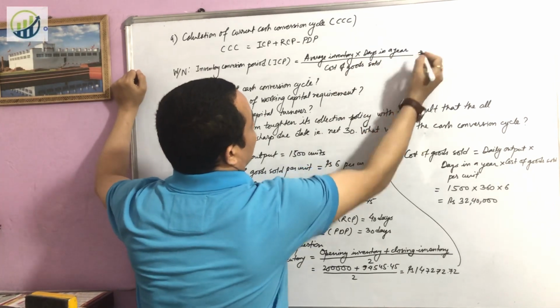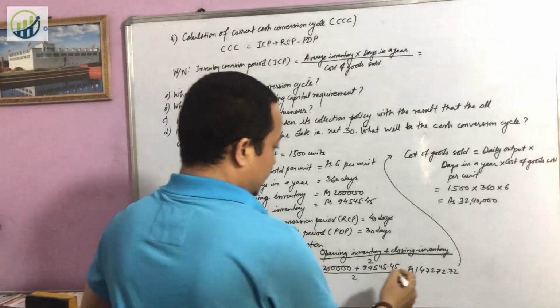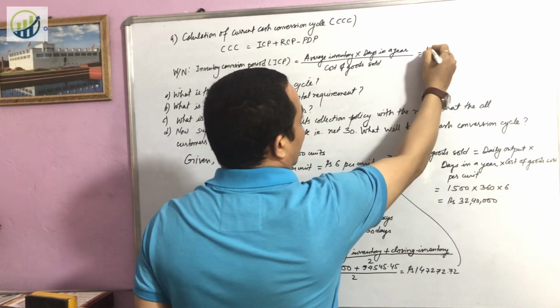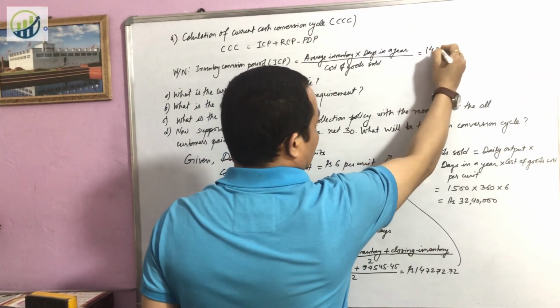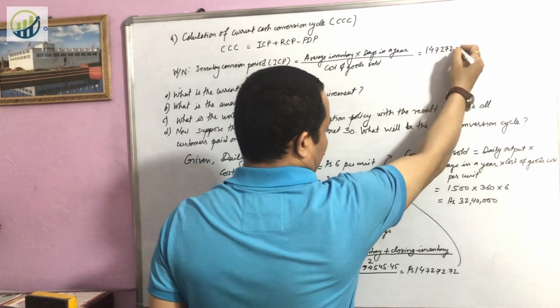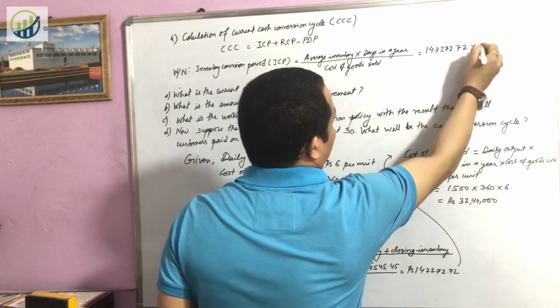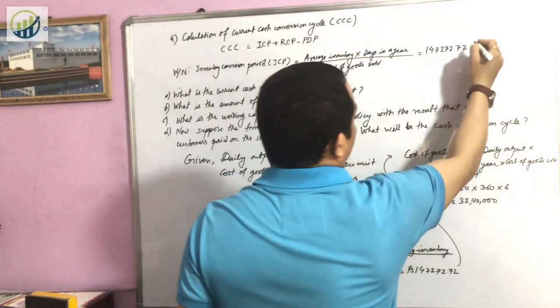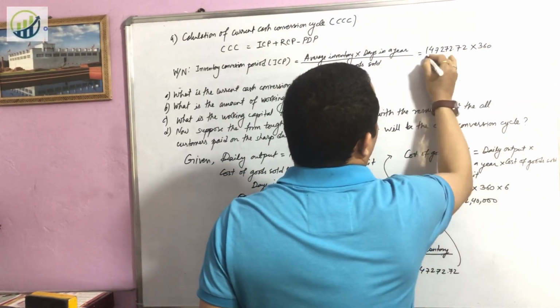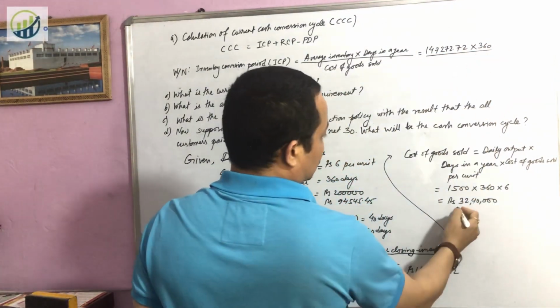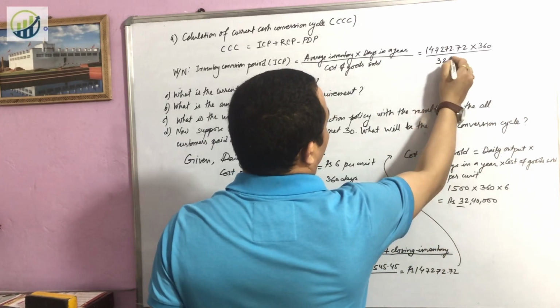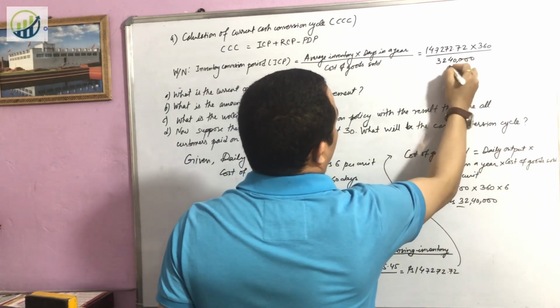Okay, and that will be your average inventory here 1,47,272.72 into days in a year 360, and then divide by cost of goods sold 32,40,000.